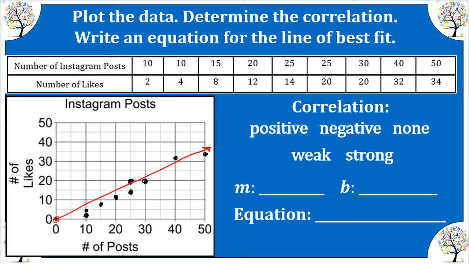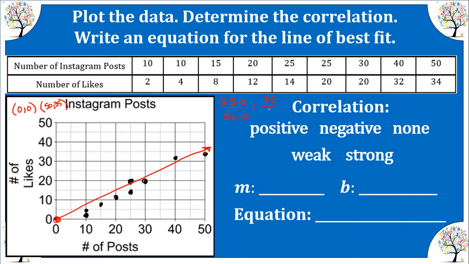Okay, so we have 0, 0. And then let's use this value here. This looks about 50, 35. So our rate of change is going to be 35 minus 0 over 50 minus 0.